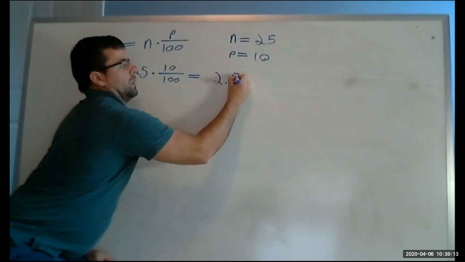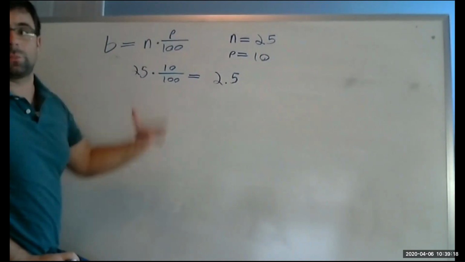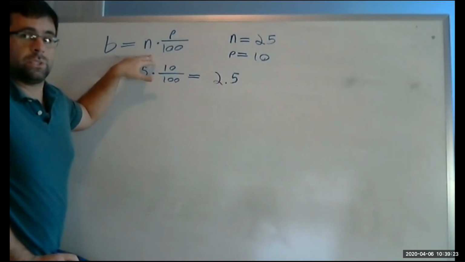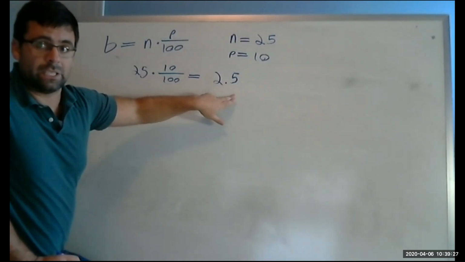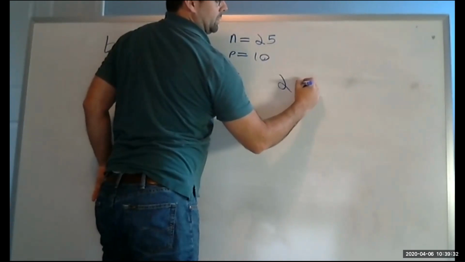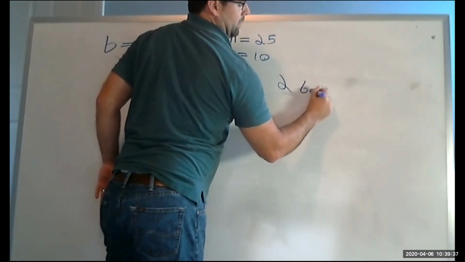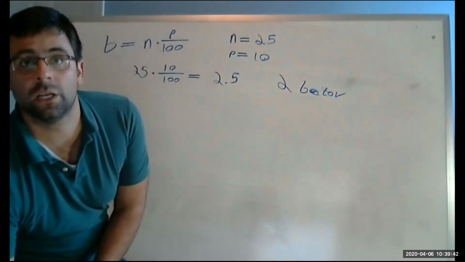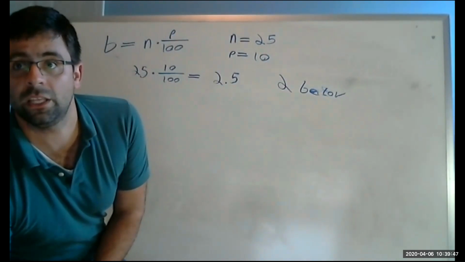Where do you get 10 from again? So 10 is the percentile. So we're talking about the 10th percentile. Okay, yes, sir. N is the number of total items. So that means the 2.5 item is the 10th percentile. So we round down. So 2 below. So what number is the third in the list?